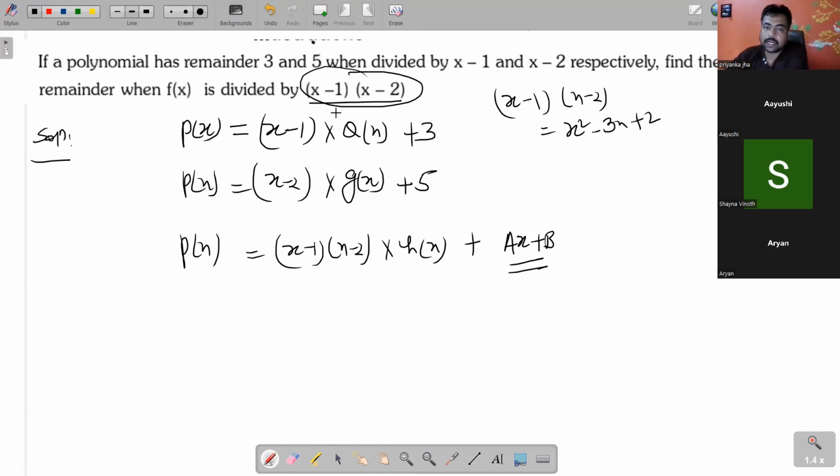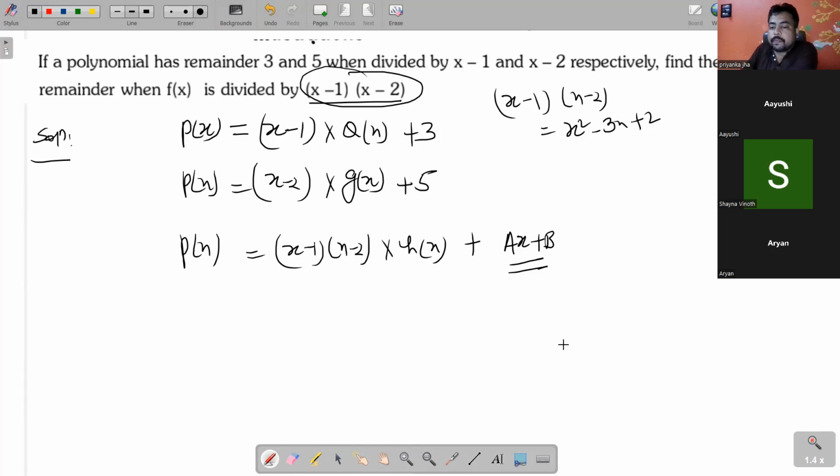Now the divisor is quadratic, so the remainder can be maximum of 1 degree. The remainder can be constant as well, no problem in that, because if a equals 0, in that case the remainder will be b only, that is constant. But in general we have to assume, so the remainder will be linear.